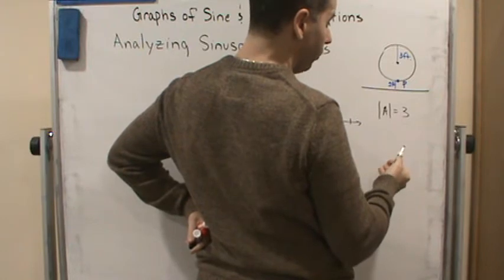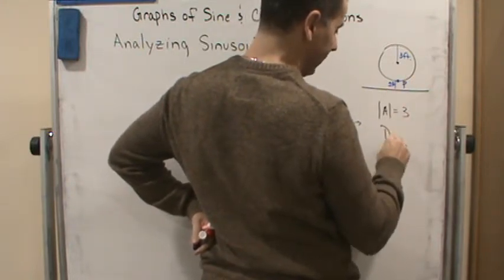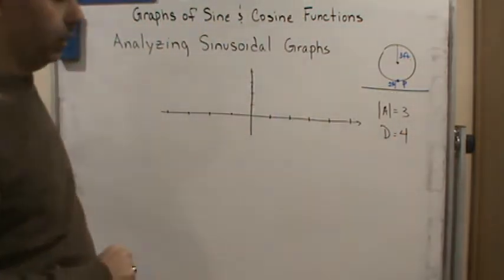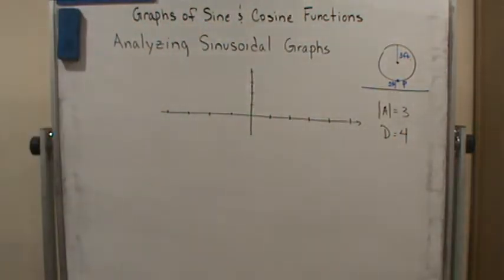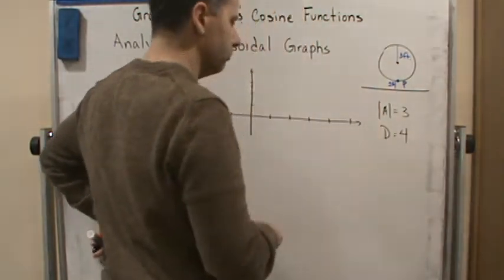So we know it's a vertical shift up 4. So we know that D is equal to 4, right? And the amplitude is 3, so we know A is 3.